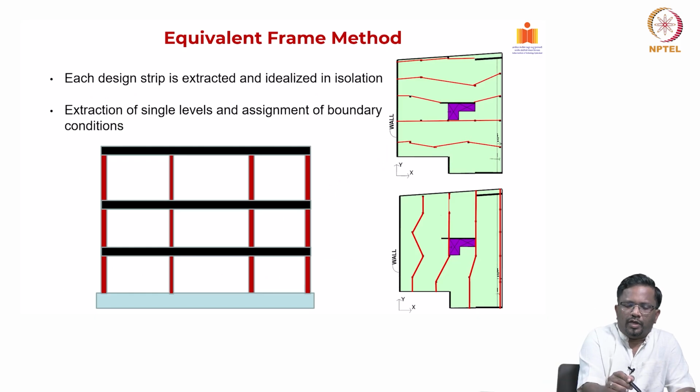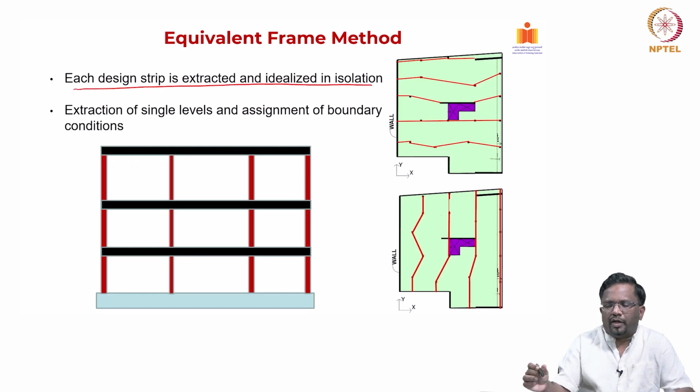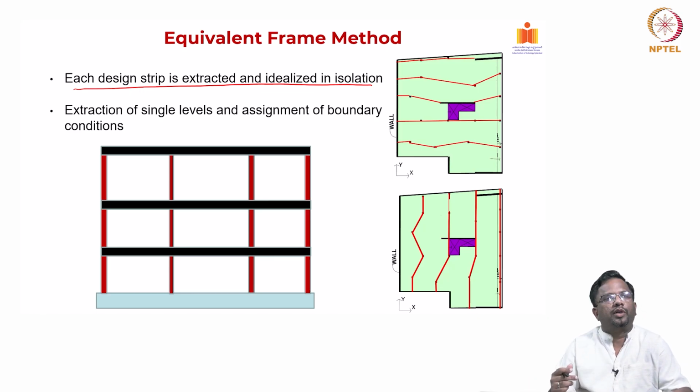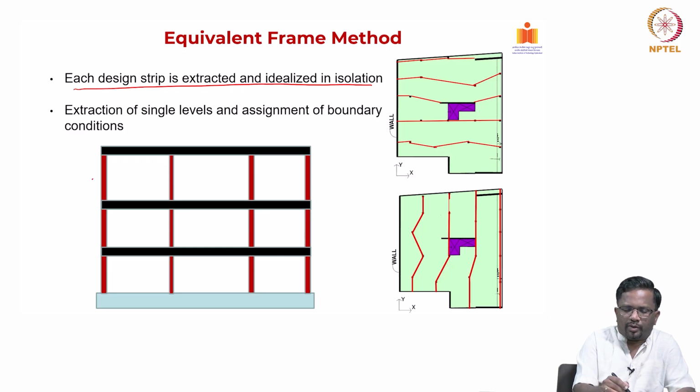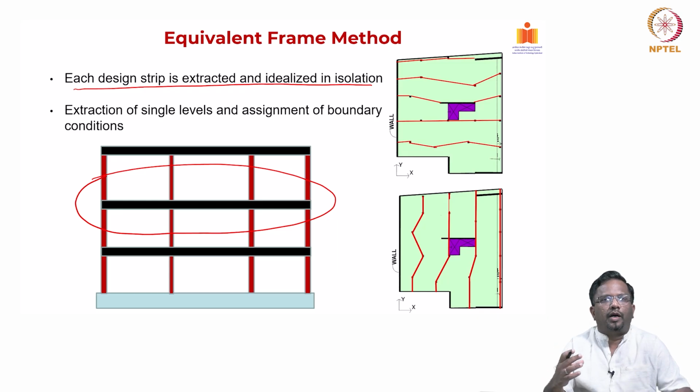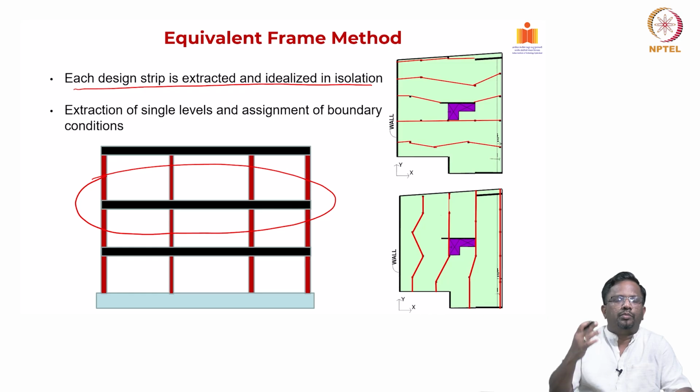Now, each design strip is extracted and idealized in isolation, right. For example, if you look at it here, for a G plus 2 kind of structure, this is how the typical frame section looks, but we are not going to analyze all three of them at once. If I look at one typical PT slab and design that, and you do not have any floating column and column alignments are nearly the same, then the same design can be used for the other typical floors.